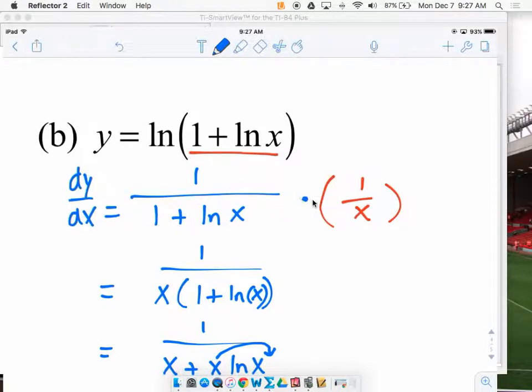So that stays the same. And then multiplying that by the derivative of the parentheses part, which is just 1 over x. So u in this case would be 1 plus ln of x, right? And then here is u prime. So it's 1 over u, right, times u prime.